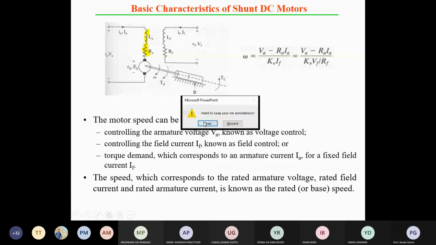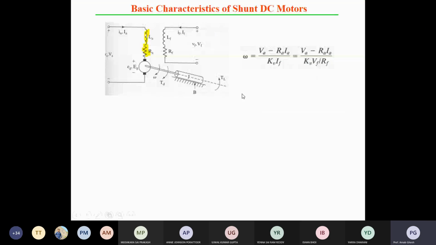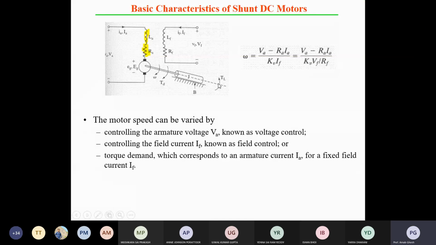The motor torque TD is countering the load torque TL. J is the moment of inertia.